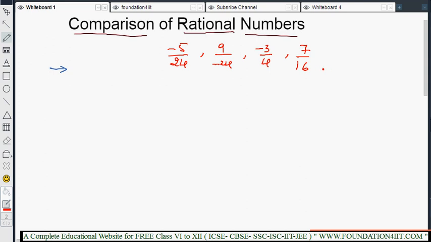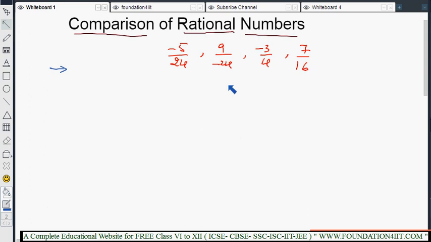These are the four rational numbers. I need to compare them, or write them in ascending order. That means the smallest first, then next to smallest, and so on up to the biggest.